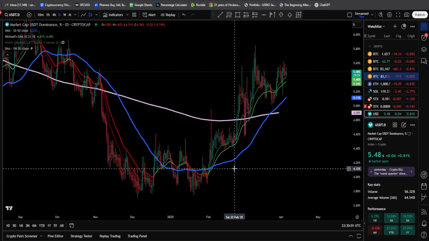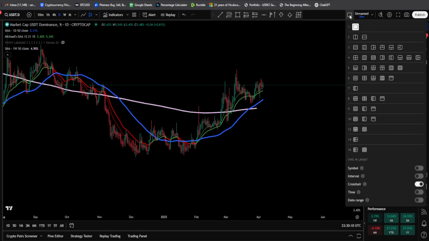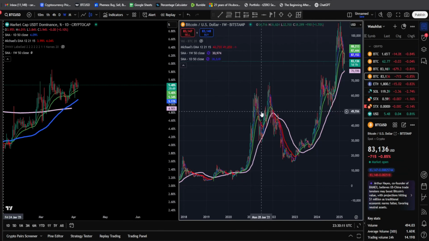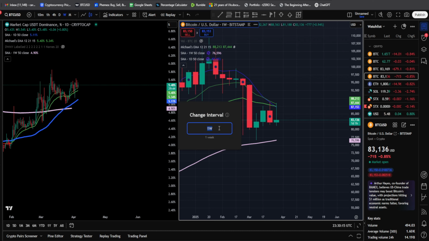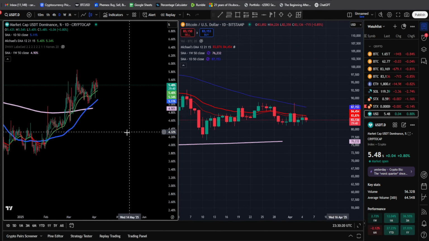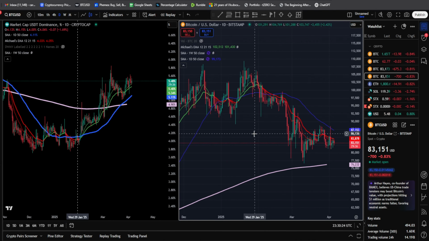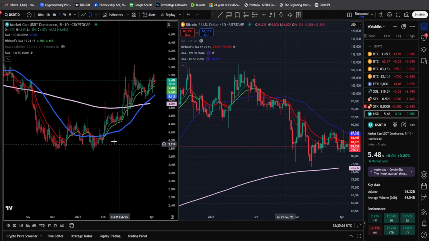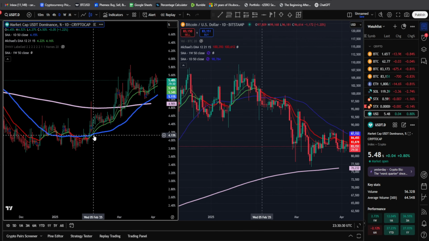Stablecoin dominance down equals bullish for Bitcoin and vice versa. So stablecoin dominance up since, let's pull out the dual chart. Let's go to the daily. Okay, so you can see, perfect example. Tether started, this is a bullish signal.